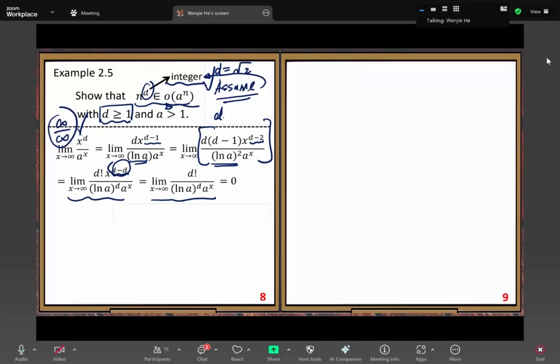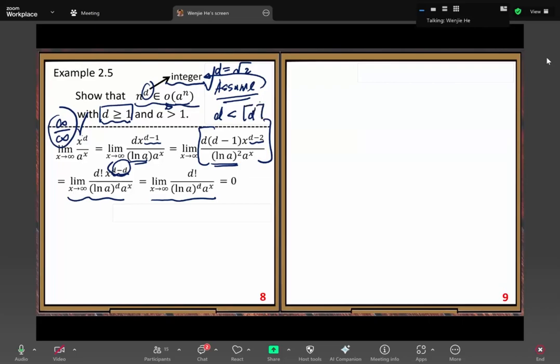To do that, let us approximate this d by a reasonable integer above this d, larger than this d. A nice candidate is the ceiling function of d. How about that?